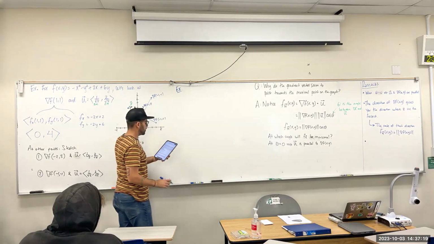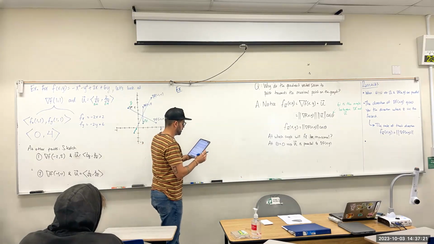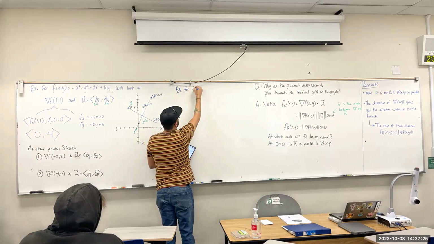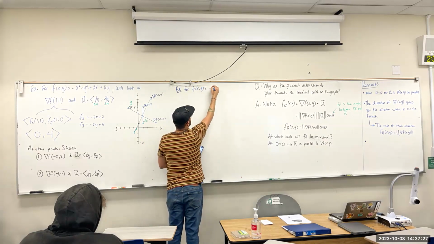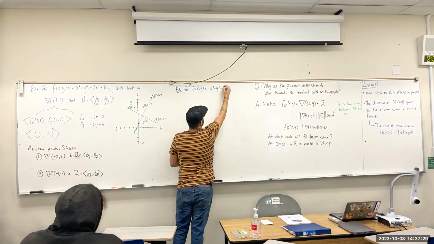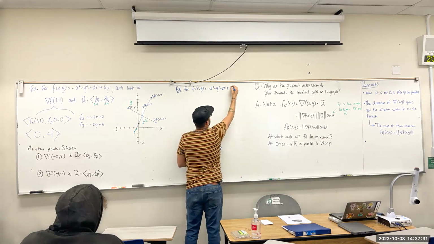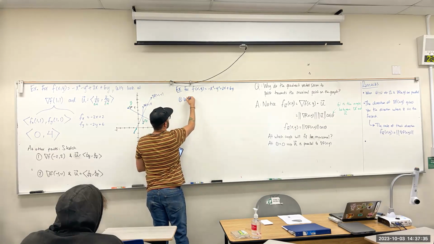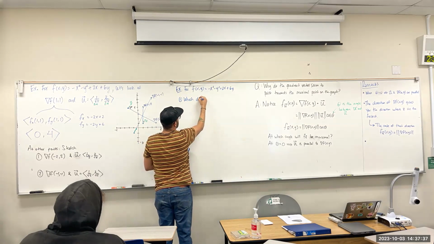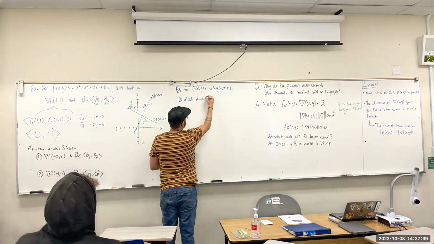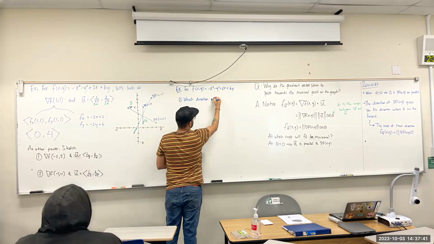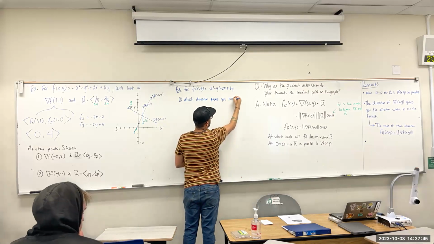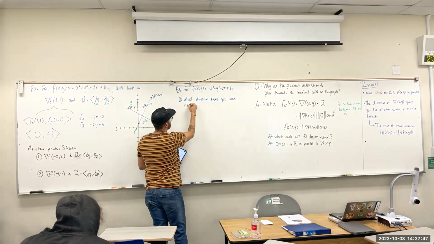So here's something you'll see in the homework. For the function, we're still going to play with the same one. They'll say, which direction gives you the max rate of change?